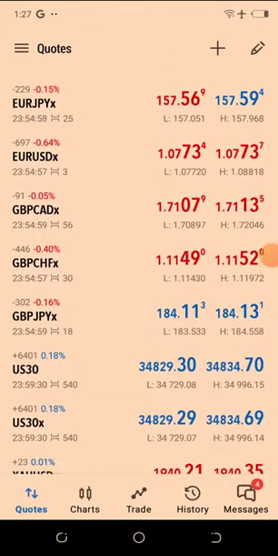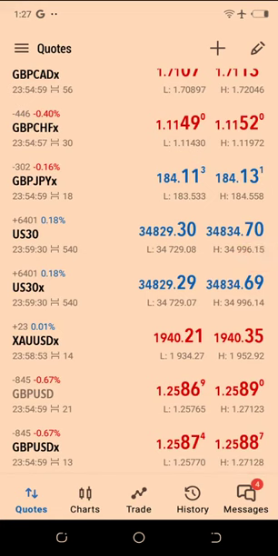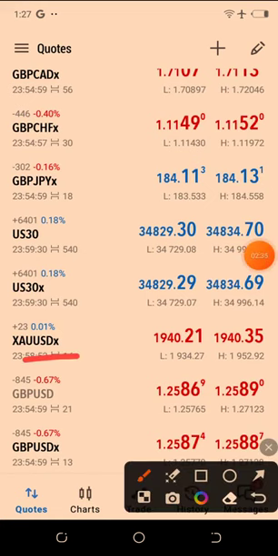Also, let me show you this again. This is XAUUSD, which means gold. Gold is represented by XAUUSD.